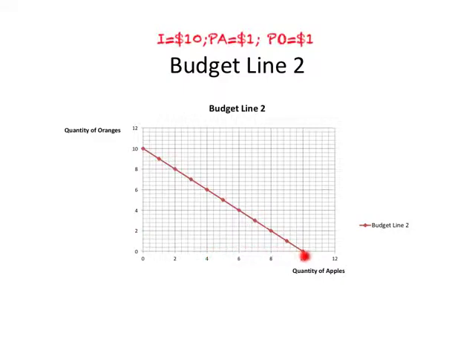It is again 10. Income divided by price of an apple. And what is the slope of this budget line? It will be -1. That is price of an apple divided by price of an orange. So we have this budget line 2, which pertains to this new financial situation.